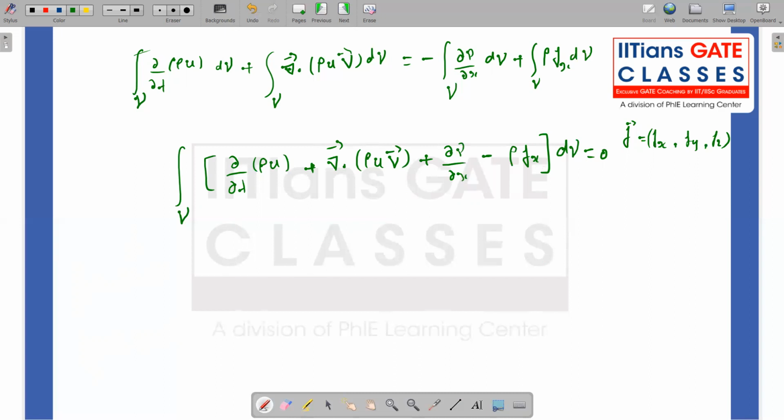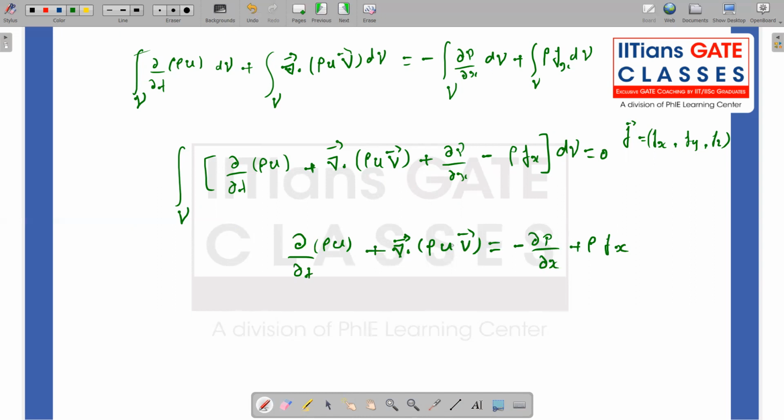Now again, a similar condition: the integrand has to be 0. So that leaves me dou by dou t of rho u plus divergence of rho u velocity vector equal to minus dou p by dou x plus rho fx. So this is the momentum equation in differential form.